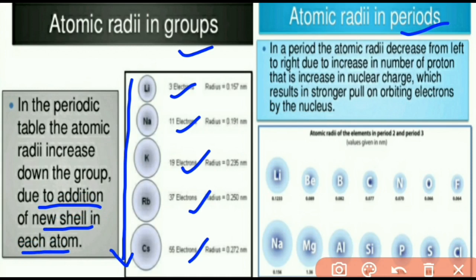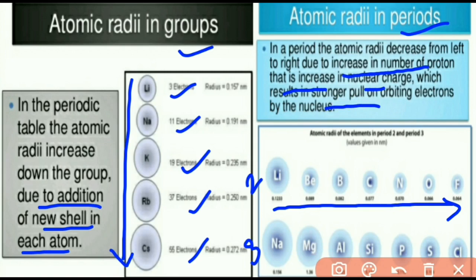And in a period, see the diagram of second period and third period elements. We can see that atomic size decreases when we move from left to right in a period. So in a period, atomic radii decreases from left to right due to the number of protons increasing the nuclear charge, which results in strong pulling of orbital electrons by the nucleus.